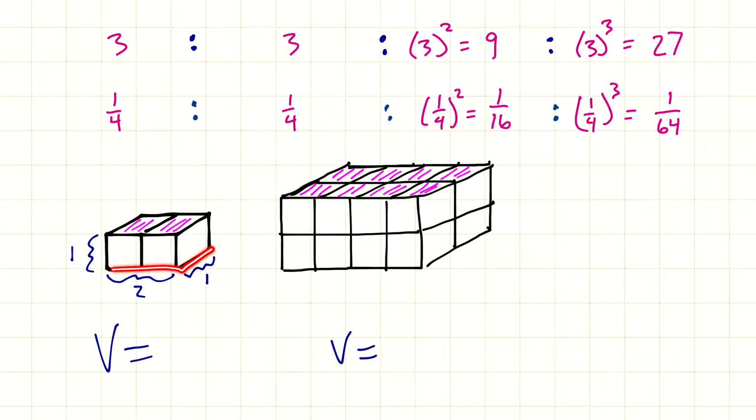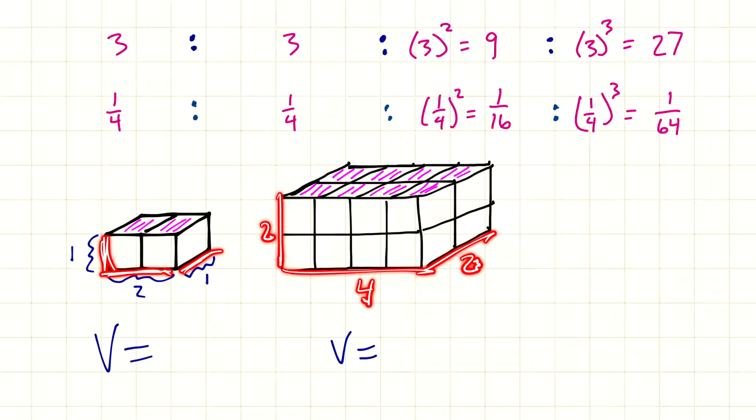So 2 by 1 on the bottom, or you could say 2 by 1 on the top as well. You'll notice the dimensions of these go from 2 to 4, and this goes from 1 to 2, and this goes from 1 to 2. So you'll notice all the measurements double in size.